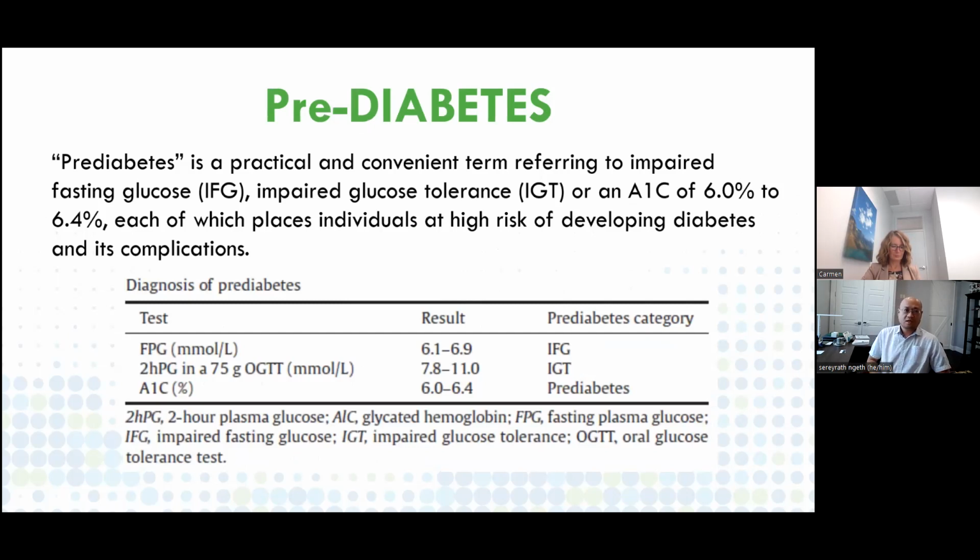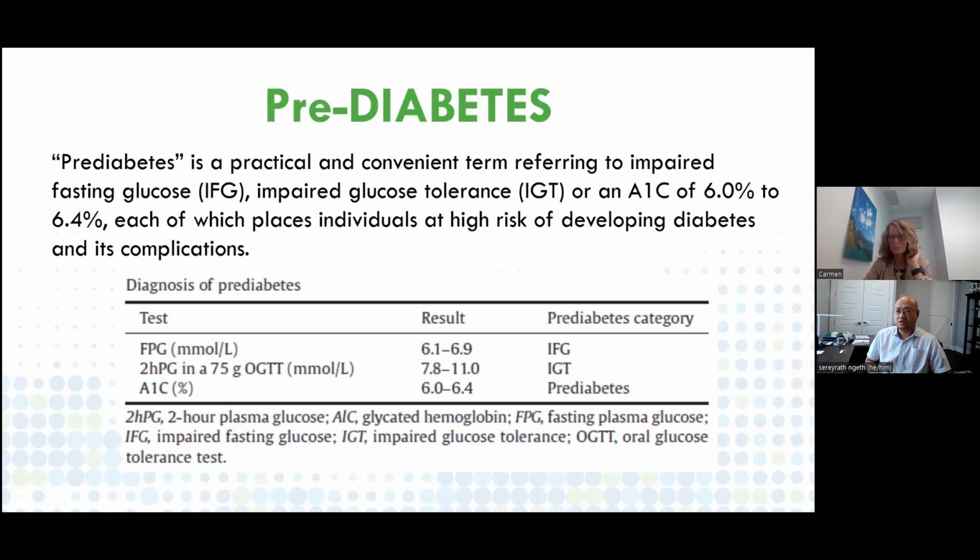I just wanted to take a minute or so to discuss pre-diabetes, because we're seeing this quite a bit, especially during the COVID pandemic and now post the COVID pandemic. So pre-diabetes refers to impaired fasting glucose, or impaired glucose tolerance, or an A1C that is between 6 to 6.4, each of which places individuals at high risk of developing diabetes and its complications.